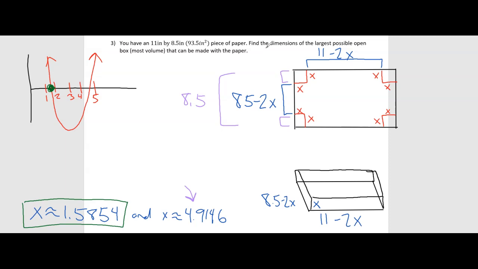In some cases, they may not even be a possible solution because they may not fall in the domain of what our values could be. If we think about the domain for these x values, well, we have to cut out something more than 0. X has to be more than 0, but it has to be less than 4.25, because again, if these were 4.25 or more inches, then we would have no width at all, and that wouldn't work.